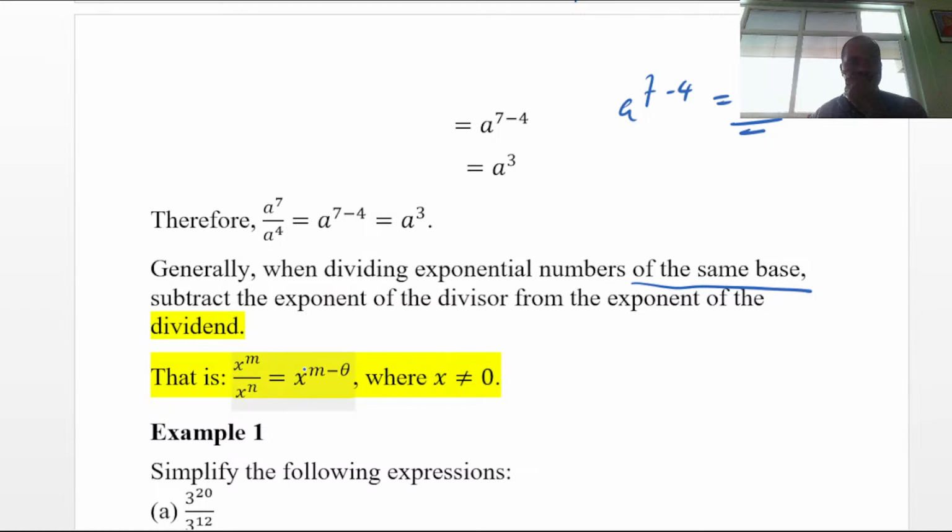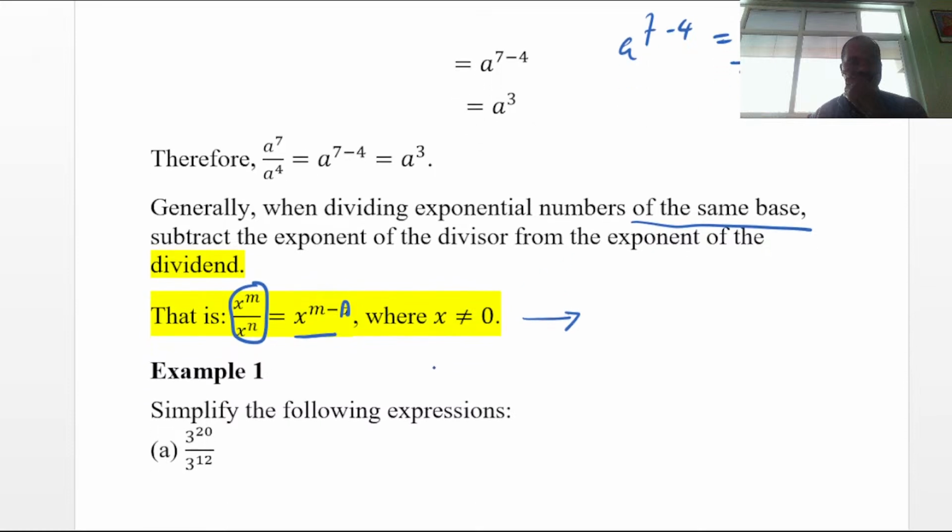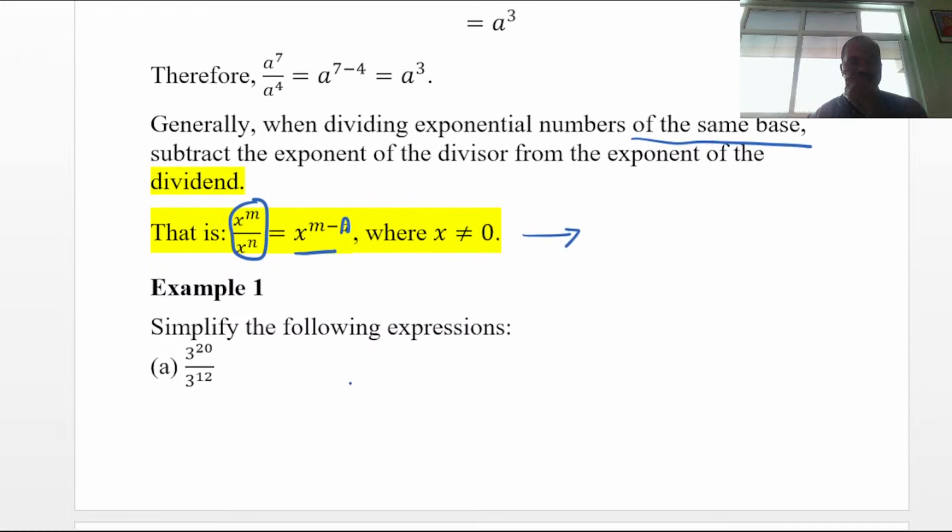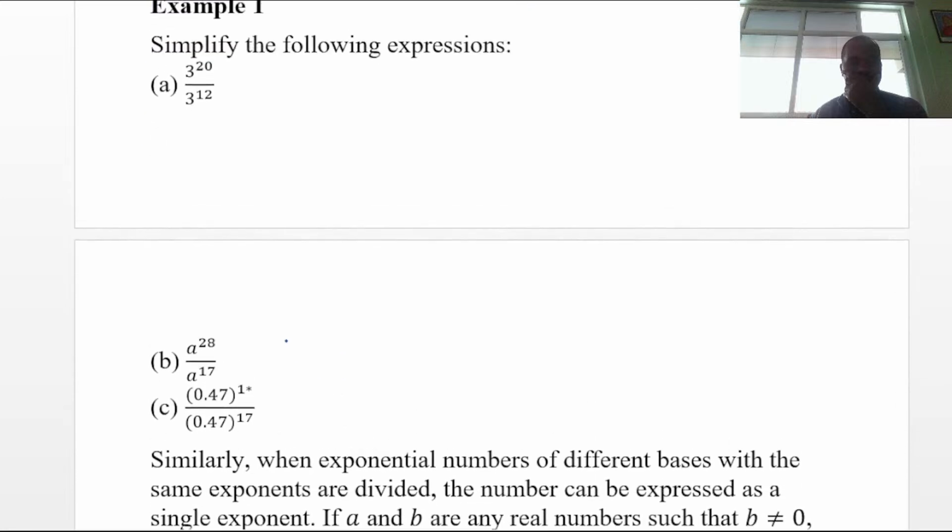In this case, you have seen that x power m over x power n is eventually x power m minus n. This is n, of course. We are not expecting x to be 0, as otherwise this is going to be meaningless. Having 0 over 0, obviously you are going to have an undefined expression.